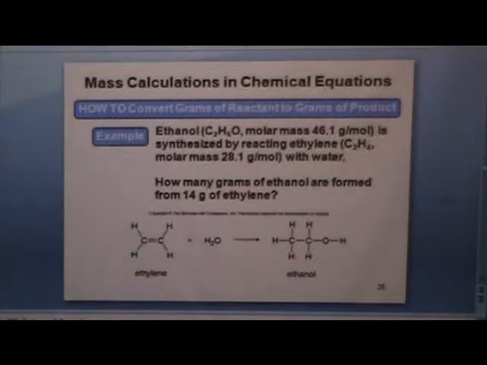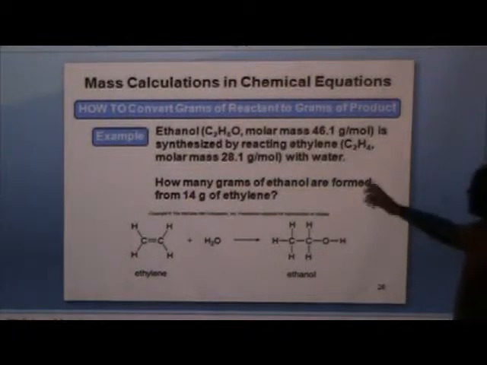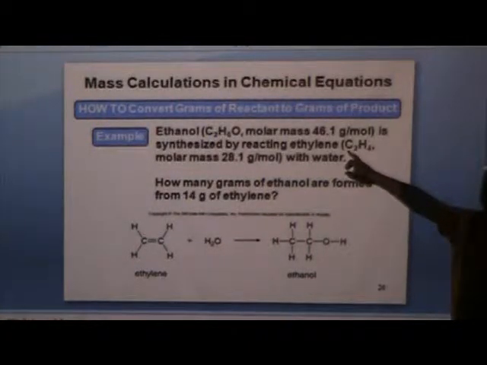Ethanol comes from ethylene. Ethanol can be prepared by reacting ethylene, which is C2H4. Ethylene is in the alkene family, and it has a molar mass of 28.1 grams per mole, which comes from 2 times 12 plus 4 times 1, that gives you 28 grams.